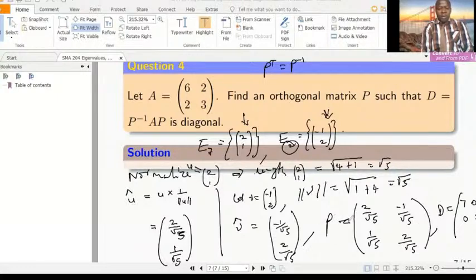The only trick was that P was to be orthogonal. So we are first of all to normalize the eigenvectors before we arrange them in column form to form P.